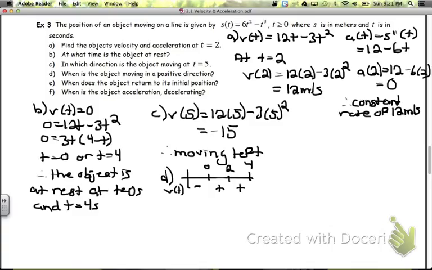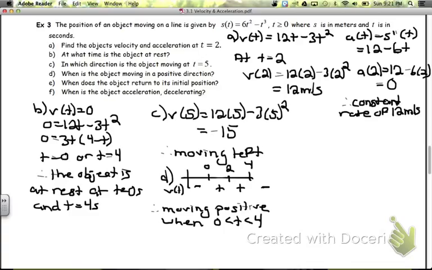And after 4, we know it's going to be negative, which we just solved for when looking at C. So therefore, we know that it's moving positive, or to the right, when t is between 2 and 4.